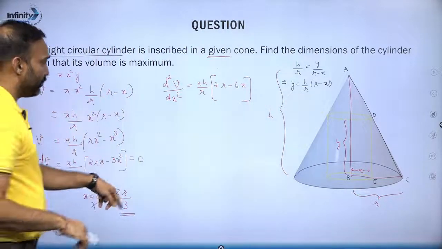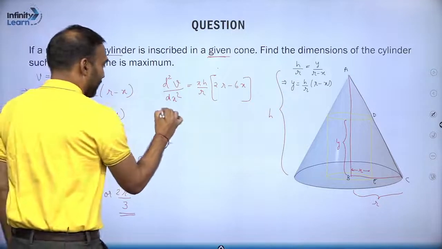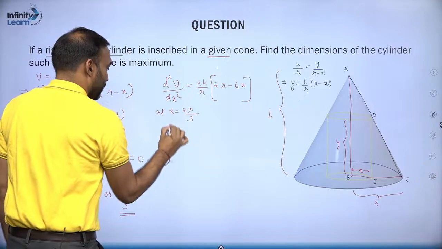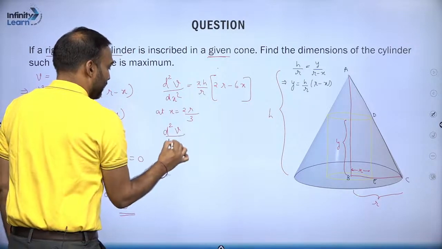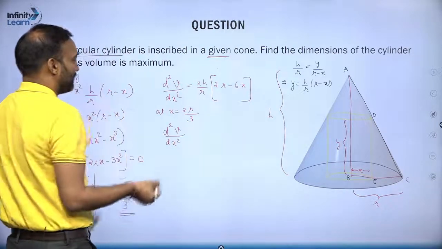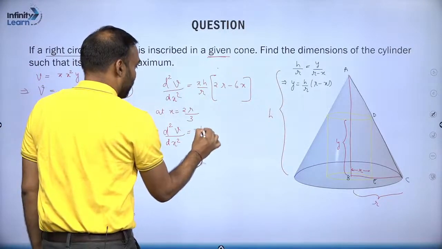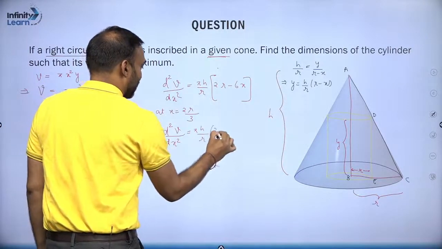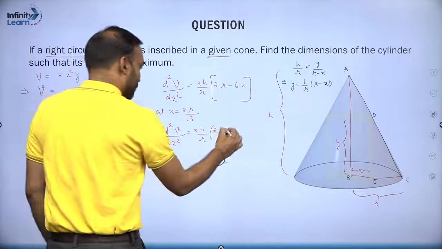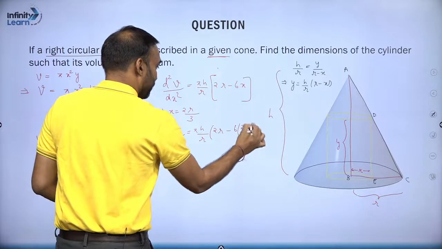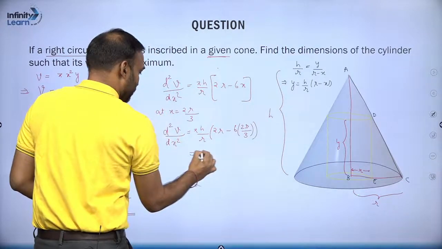Now if I put x is equal to 2r by 3, d2V by dx square, I am sure it should come down as negative because I need to find out the maximum value. Otherwise, how will we find the maximum, right? So logically I know it will come down, but still we will prove it. 6 into 2r by 3. So this is how much?